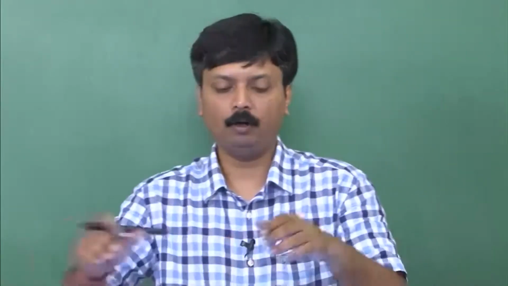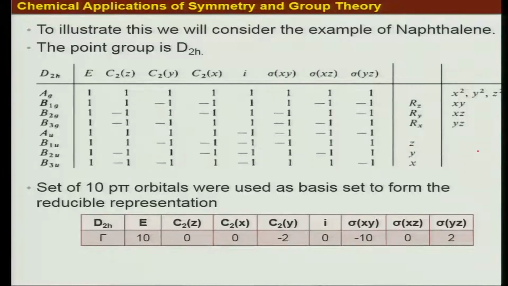All right. Let's take the example of this particular molecule, naphthalene. We said that we have 10 p pi orbitals as my basis, right? The point group of naphthalene is D2h, and here is the character table for this point group. Now, using the concept of unshifted atoms, you should be able to form the representation.